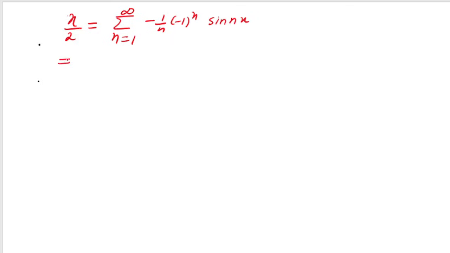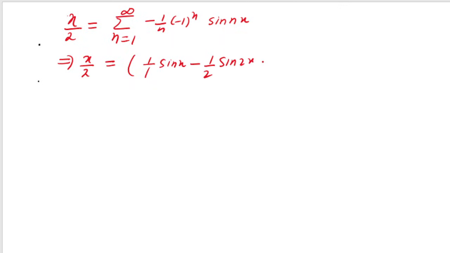So if you write it in expanded form, it will look like this. x by 2 is equal to, if you take n is equal to 1, you can also consider it as minus 1 to the power n plus 1, but anyway, for n is equal to 1, minus minus plus, I will get 1 by 1 sine x. If you take n is equal to 2, you will get minus 1 by 2 sine 2x.